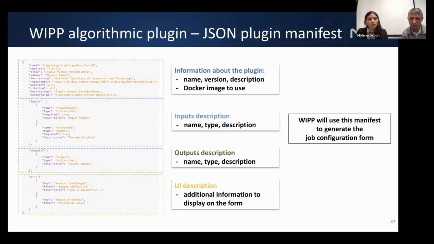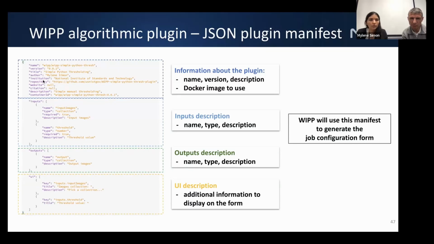If we look a bit more in depth into the plugin manifest JSON file, we have multiple sections. The first section is more about information, metadata about the plugin. We have a name and a version. All of the plugins are versioned, which means you can have a plugin with multiple versions. In the WIPP instance, we have a title that will be displayed on the web UI.